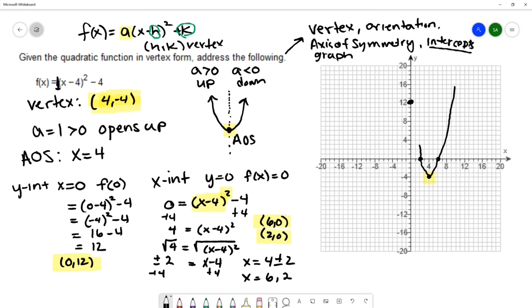We also want to keep in mind the symmetry of the parabola. So we should see a mirror image on either side of the vertex. So this gives me the graph of the quadratic equation (x minus 4) squared minus 4.